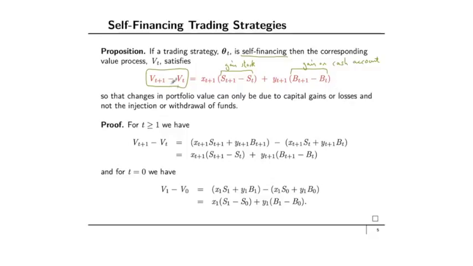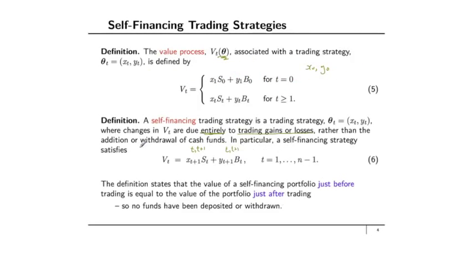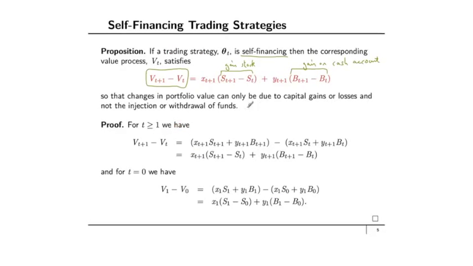So all the changes in the value of the portfolio are coming from capital gains or losses on the stock and cash account. And it's actually easy to check this result. So we'll just go through it for the case t is greater than or equal to 1. In that case, Vt plus 1 minus Vt is as follows. Well, Vt plus 1 is equal to, we're going to use this definition at t plus 1, so it's xt plus 1 st plus 1 plus yt plus 1 bt plus 1.